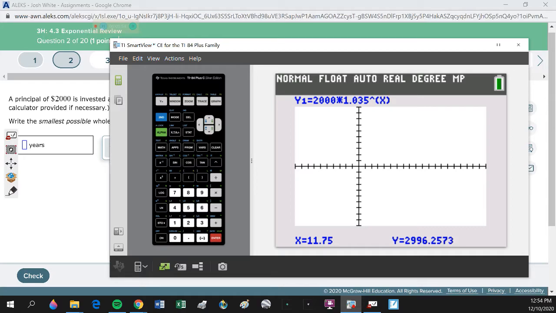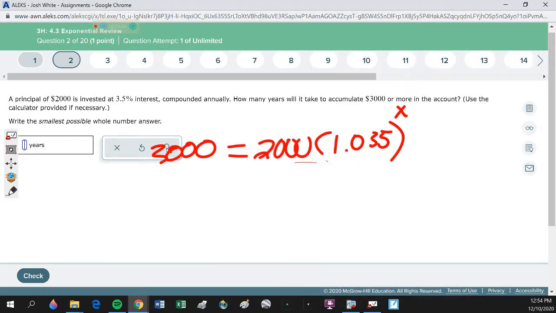Okay? But I'm going to be nice to you. You don't have to get the decimal. What does it say? Find the smallest possible whole number answer. So keep guessing until you break it, and then go back to the one before it.